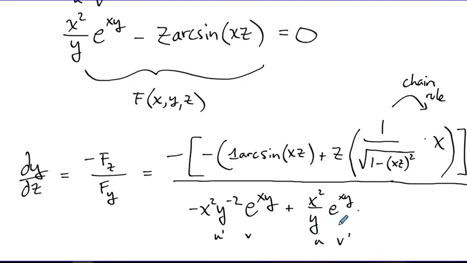I'm doing the derivative of e to the xy with respect to y. The derivative of the exponential is equal to itself times any chain rule factor. And the chain rule factor is going to be an x because I'm taking a derivative with respect to y now, and the x is a constant factor in that argument. So I get this extra factor from the chain rule.